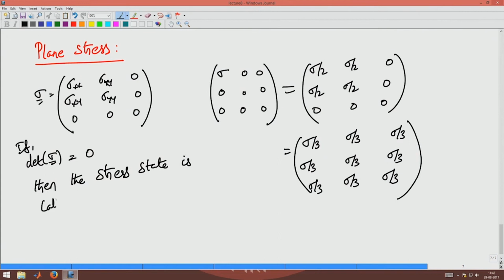called plane stress. Okay. Just like pure shear, you want the trace of sigma to be 0.